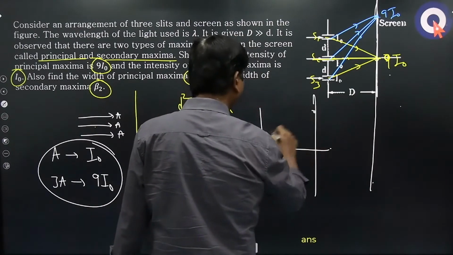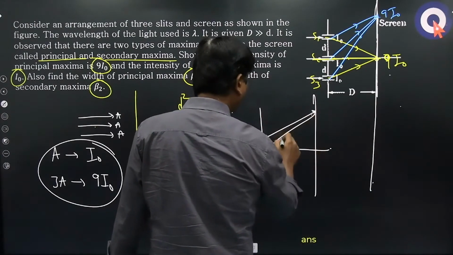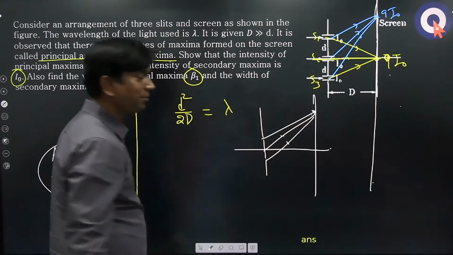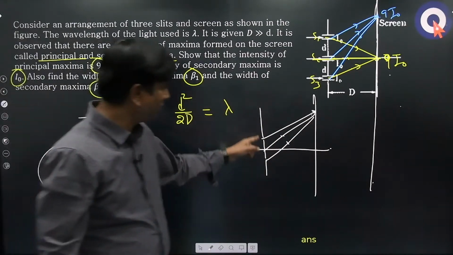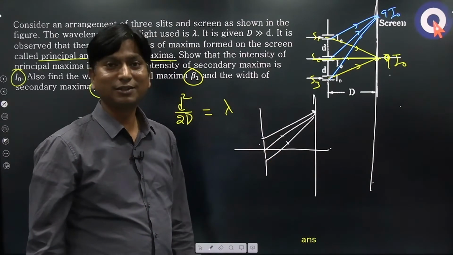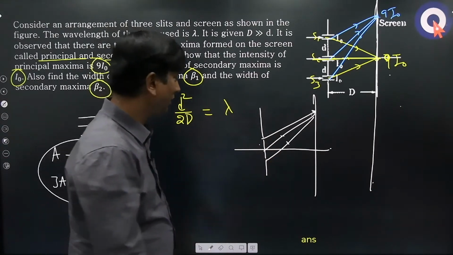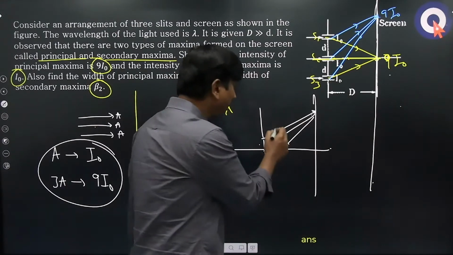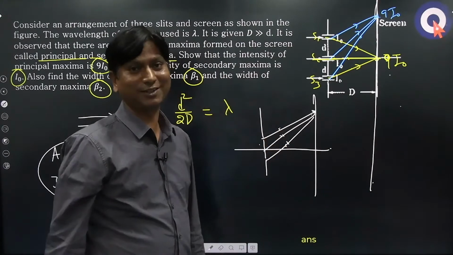At this point, whatever the path difference you will get between these two, also you will get the same path difference between these two. And if you take lambda as a path difference between these two, between these two also you will get lambda. So between this one and this one, I'll get 2 lambda.